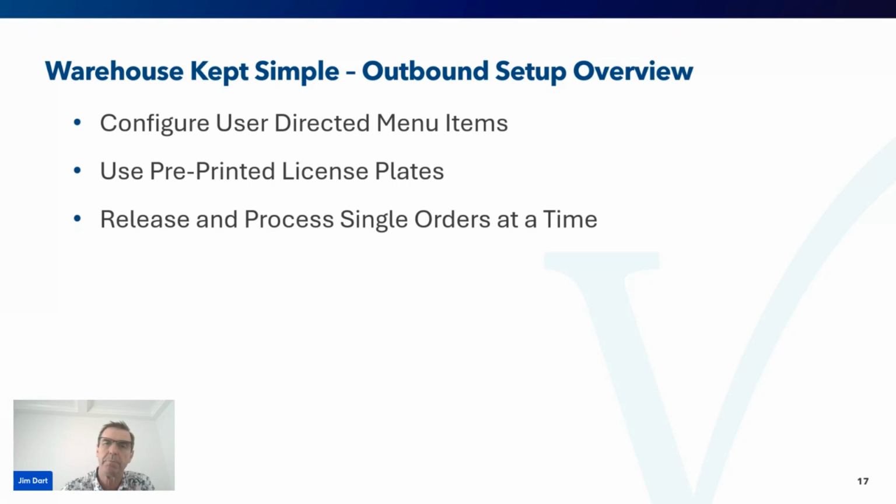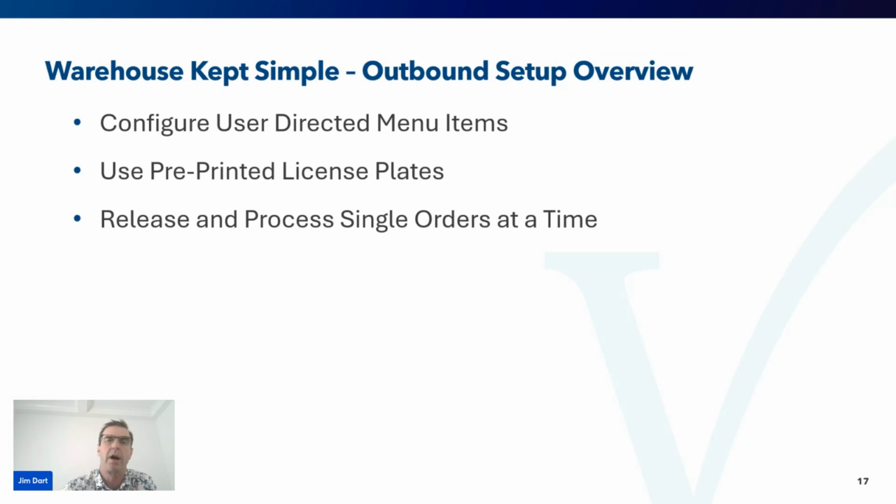Another way to keep it simple is to release and process single orders at a time. I think this is an area that would come in the category of recommend to the maximum extent possible. No, that's not going to be possible for every type of product.